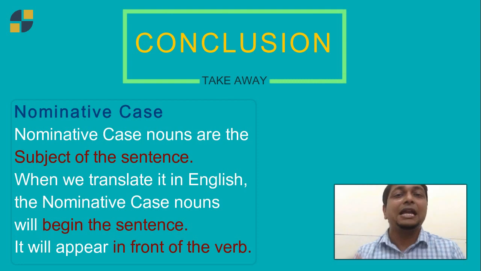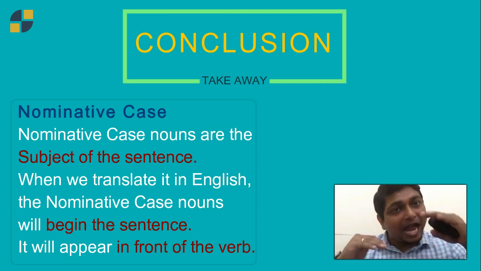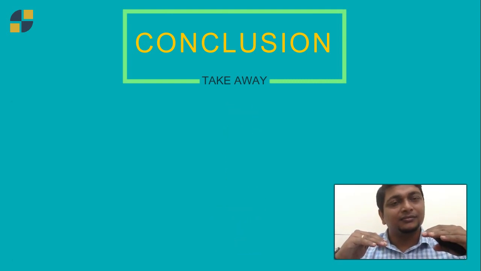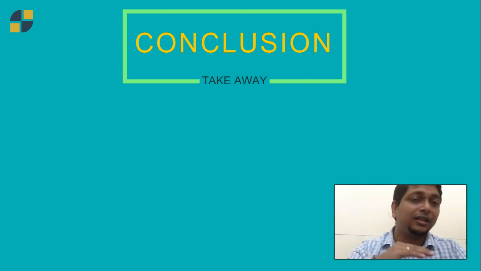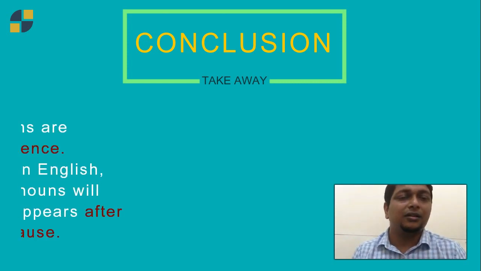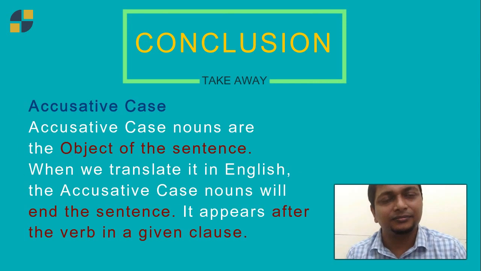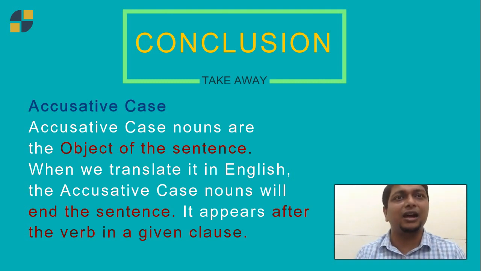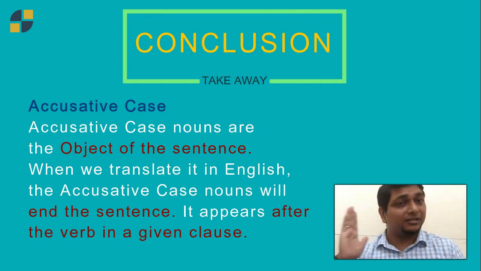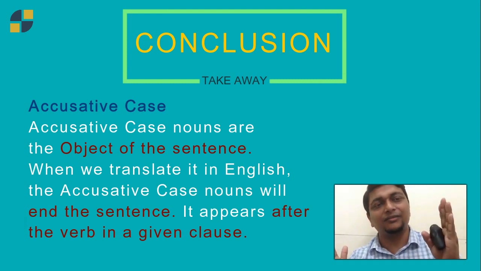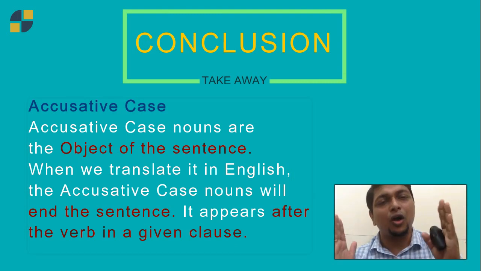Why? Because it is doing the action on the object. What is an accusative case? An accusative case noun is the object of the sentence. So, nominative case nouns are the subject. Accusative case nouns are the object.